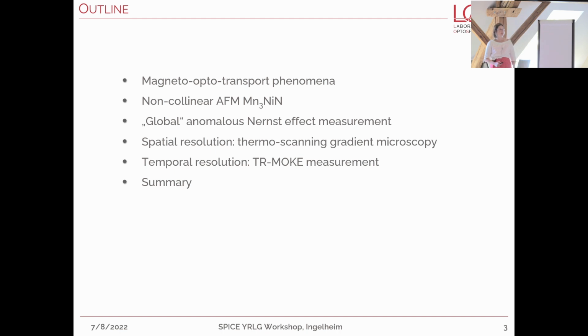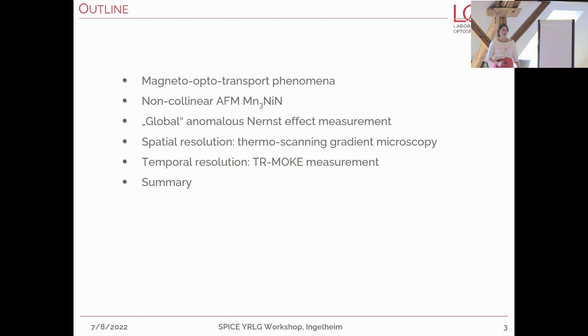So basically what I'm going to cover today is, I will tell you a little bit about the phenomena that we are using, but you have heard most of this during these last 2 days, so I will just quickly wrap it up. And then I will show you how we can use these phenomena to study mostly the domain structure of our non-collinear antiferromagnet, manganese-3 nickel nitride.